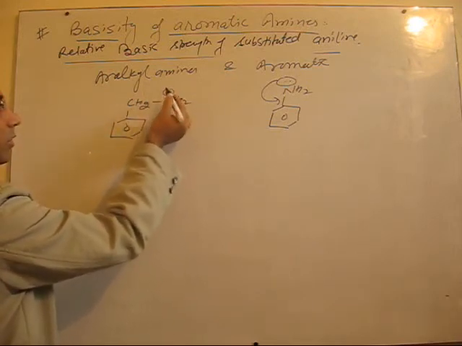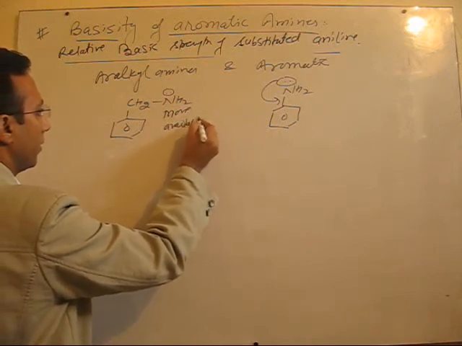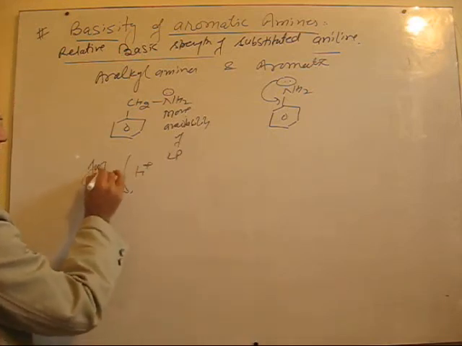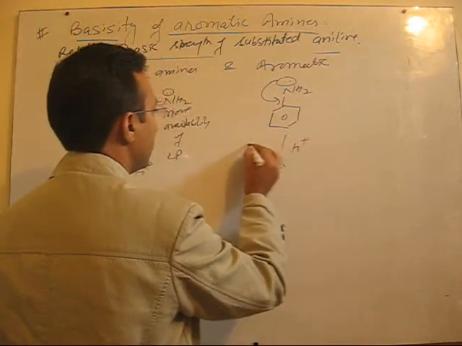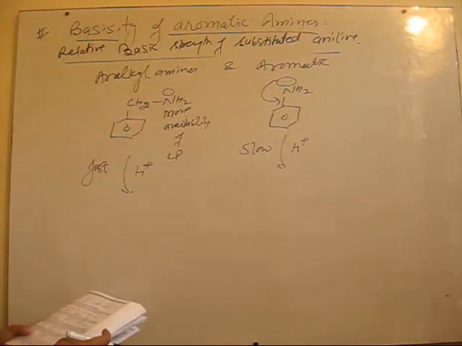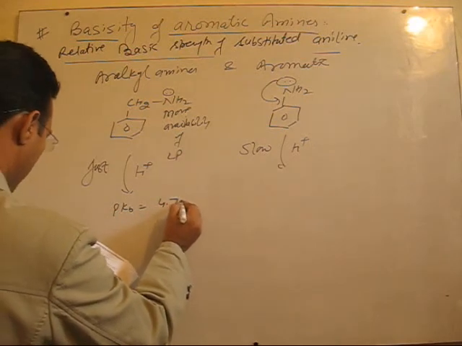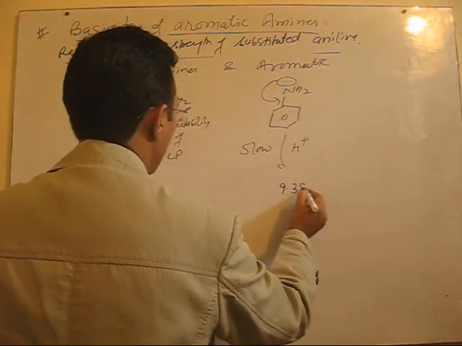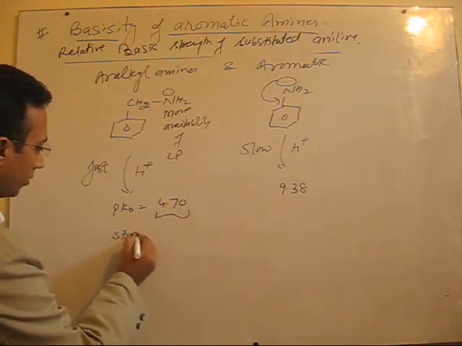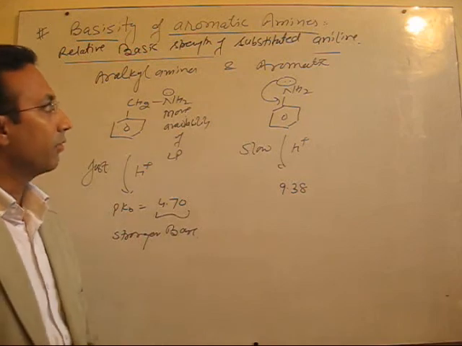So here availability of the lone pair will be more. So attack of H plus will be fast in this case and attack of H positive will be very slow in this case. And moreover, you can also see from the values here, the pKb value is 4.70 and here it is 9.38. So it is very less, which shows that this is a stronger base as compared to aniline. So here we end this discussion.